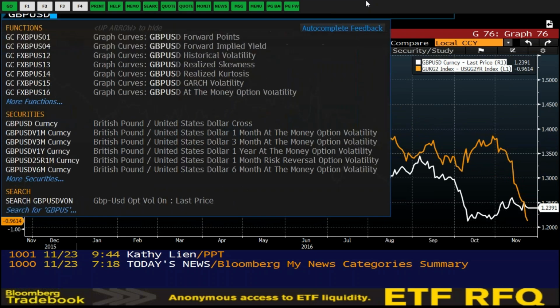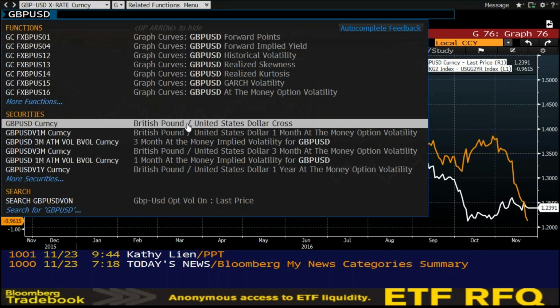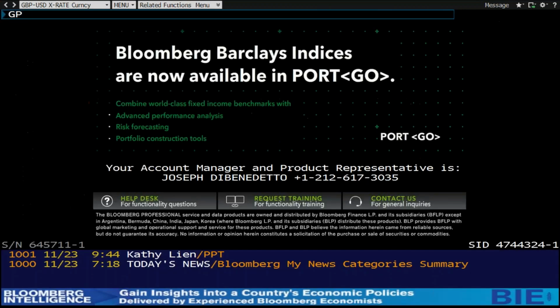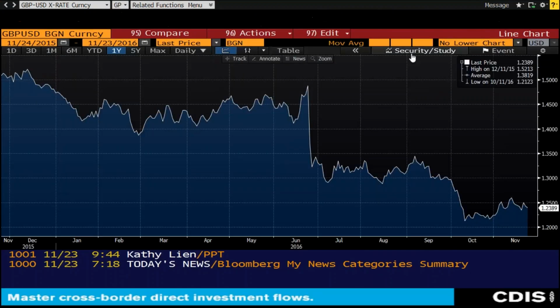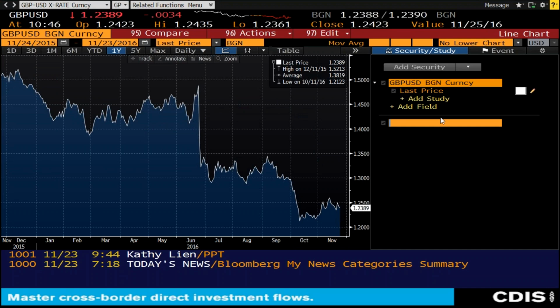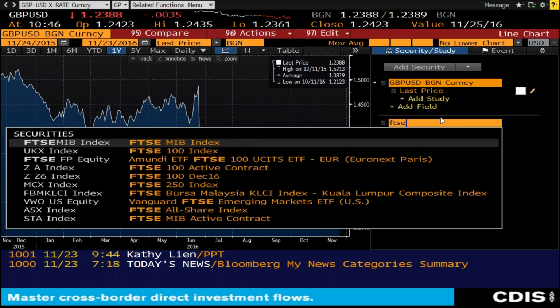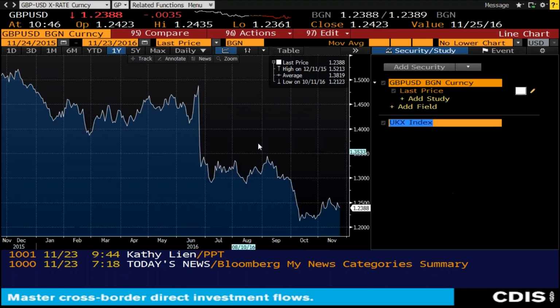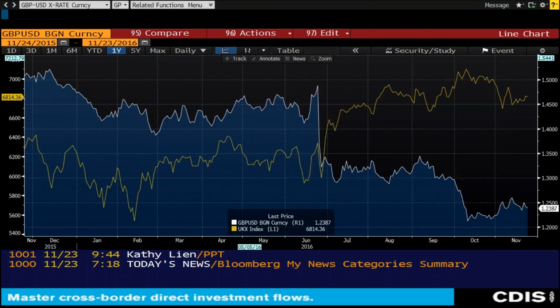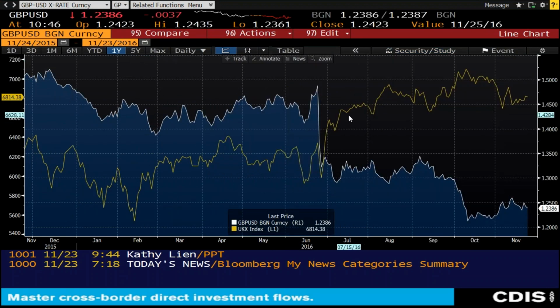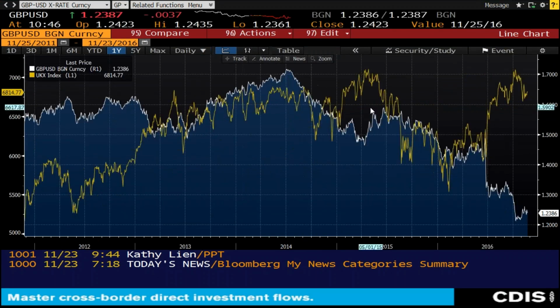Let's take a look at the pound dollar versus the FTSE. Pulling up the FTSE, you can see on a 1-year basis, better correlation, but it's not always.